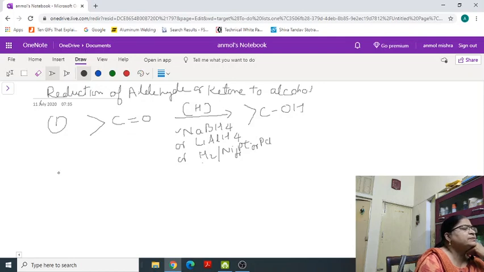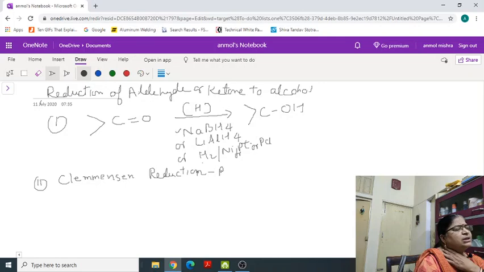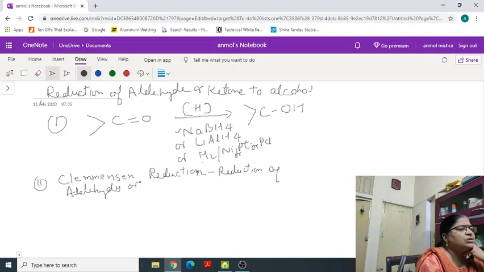Second is Clemmensen reduction, that is reduction of aldehydes or ketones to alkanes.